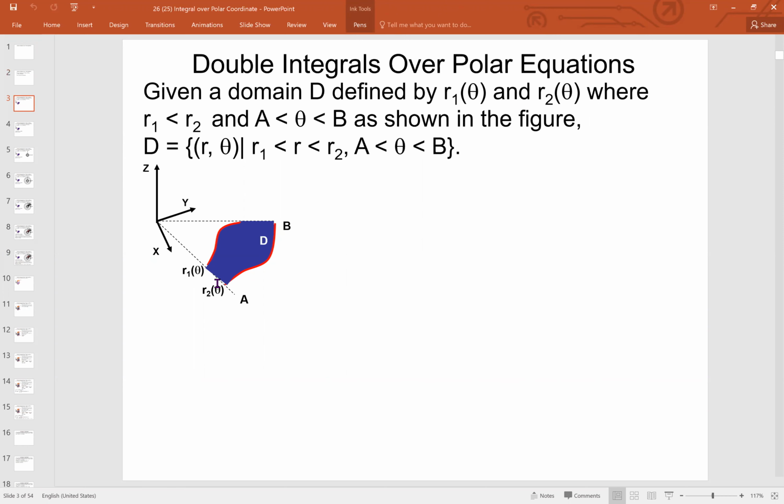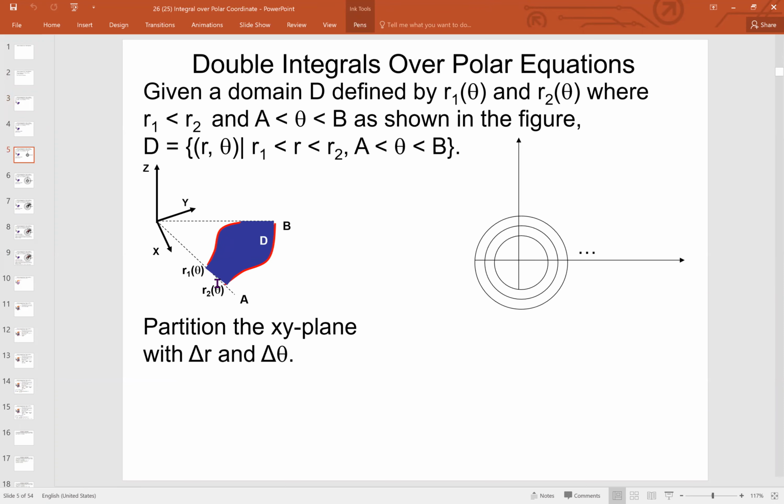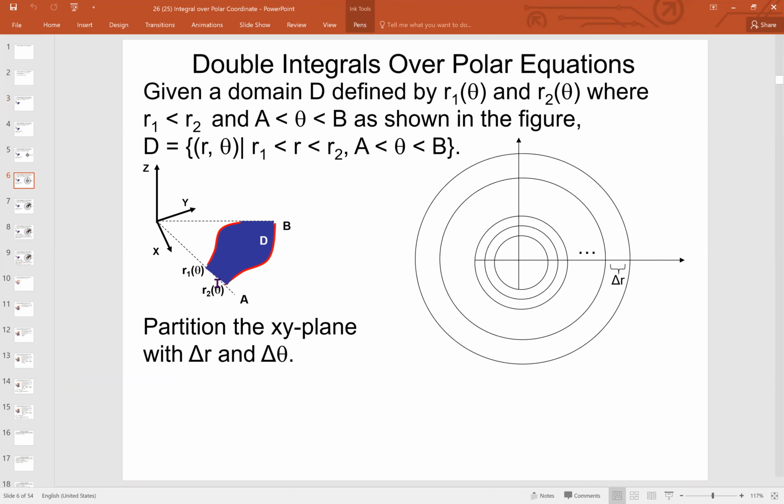And first of all, what's the relationship between the area in the variables dr d theta? That is, suppose we take the plane, we cut the whole plane into very small concentric circles of dr, and then we partition theta into d theta, so slivers of angles.